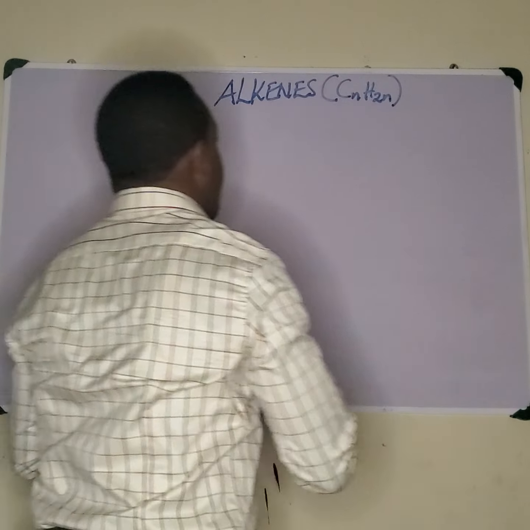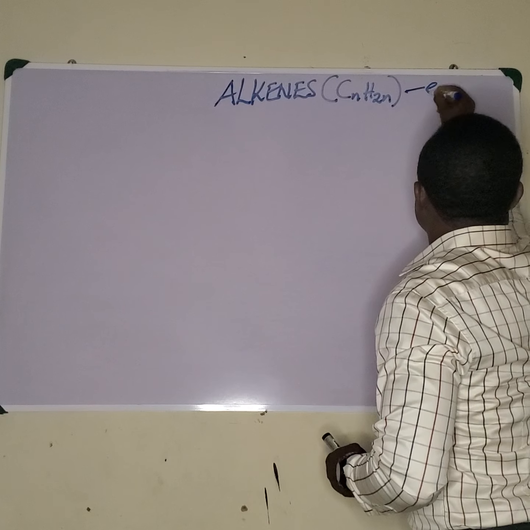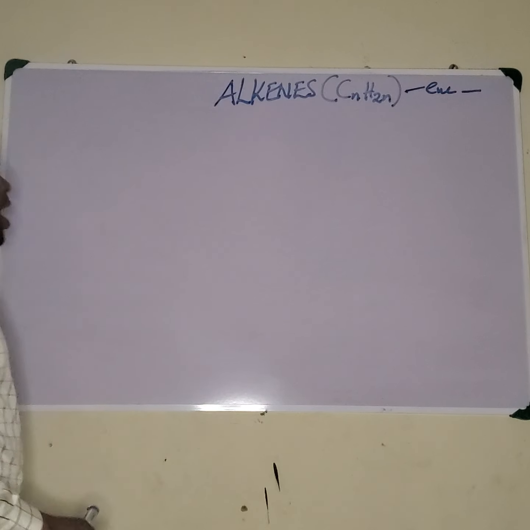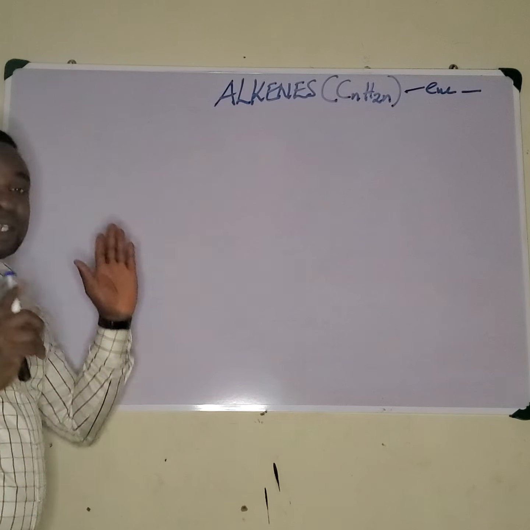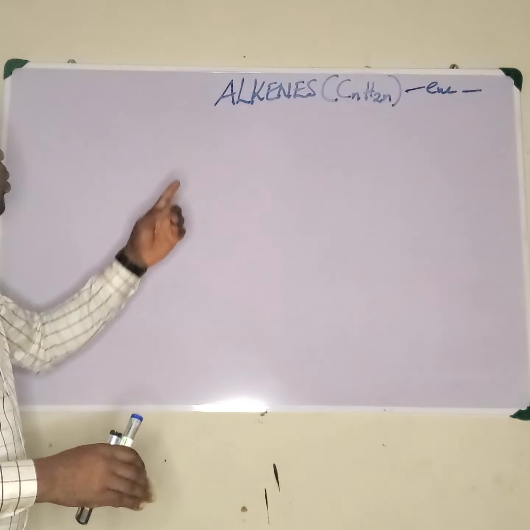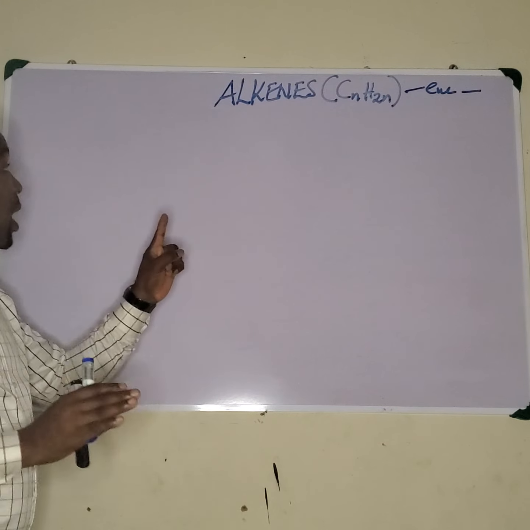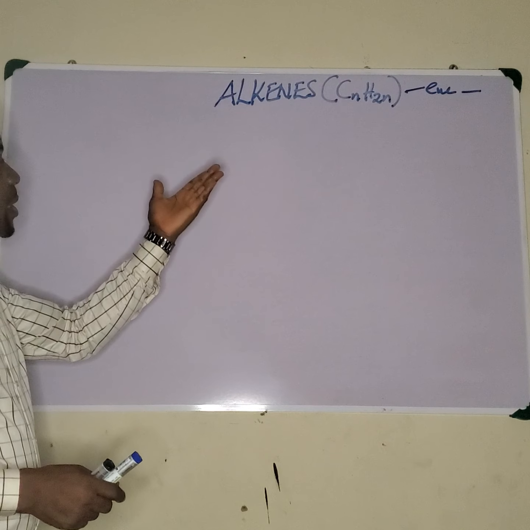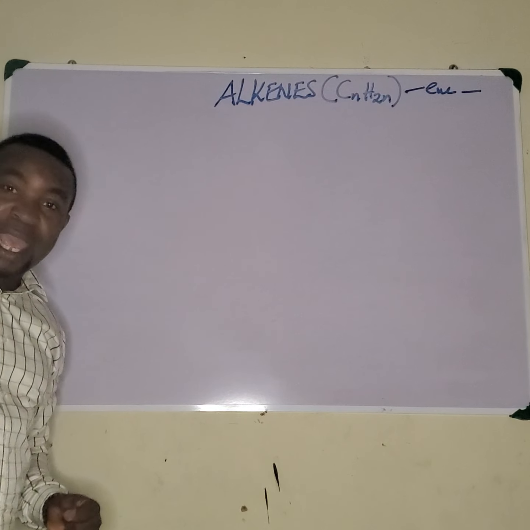The suffix we'll be talking about today is "yne". And first of all, it is very important for us to know the general formula of alkenes. Look at the general formula of alkenes, CnH2n.